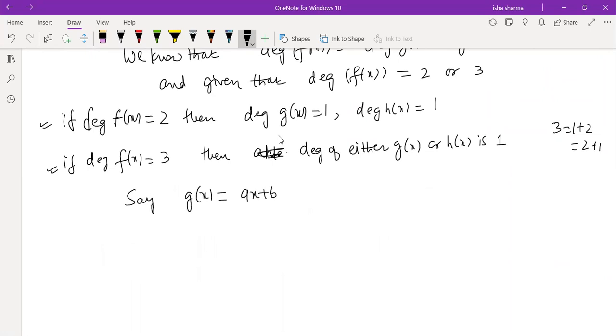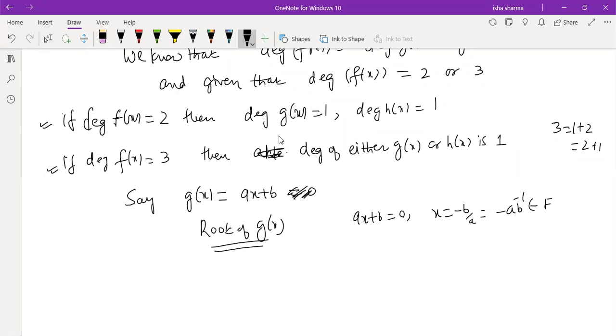So what do polynomials of degree 1 look like? ax plus b, right? If I am trying to find the 0, the root of g(x), then ax plus b is 0, so x is minus b by a, so you can write it as minus a inverse b. Sorry, it was wrongly written, it is minus a inverse b.